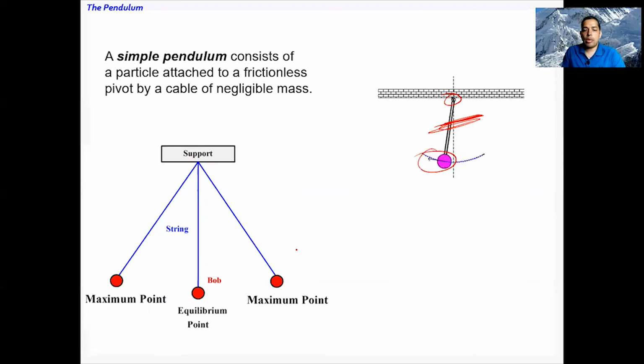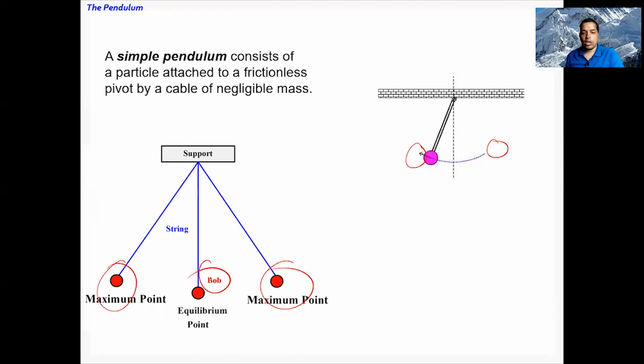This pink one is the mass, and by the way, this pink mass is called the bob, B-O-B. This simple pendulum oscillates to and fro, and these two positions are called maximum points, and the center point is called the equilibrium point.